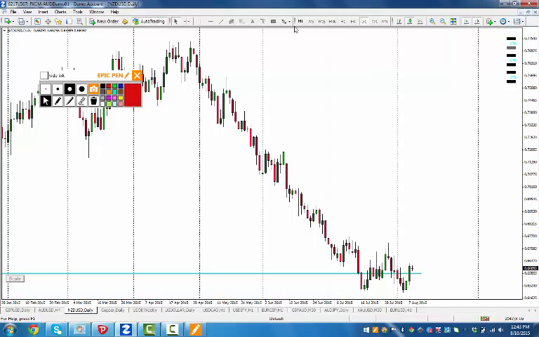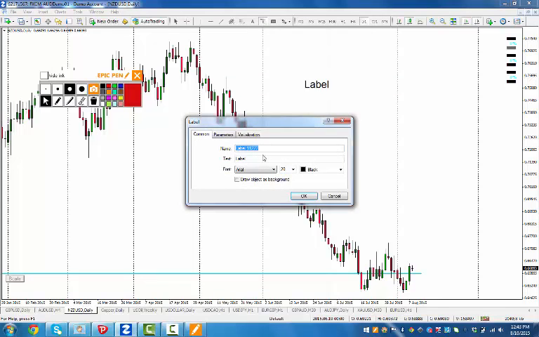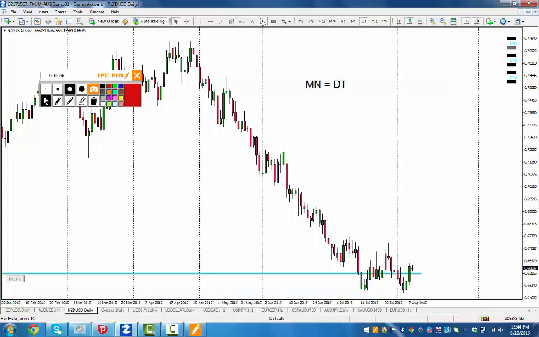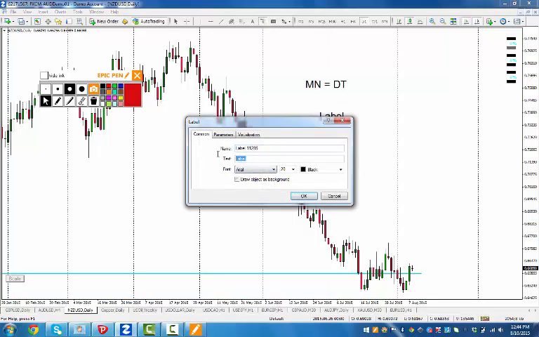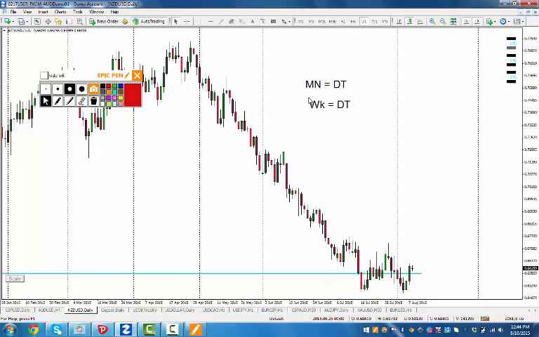So in this example, right now we have monthly down, and we have weekly down. Okay, so we should be looking for sell, right? We should be looking to sell because higher time frames all point to us that we are down.